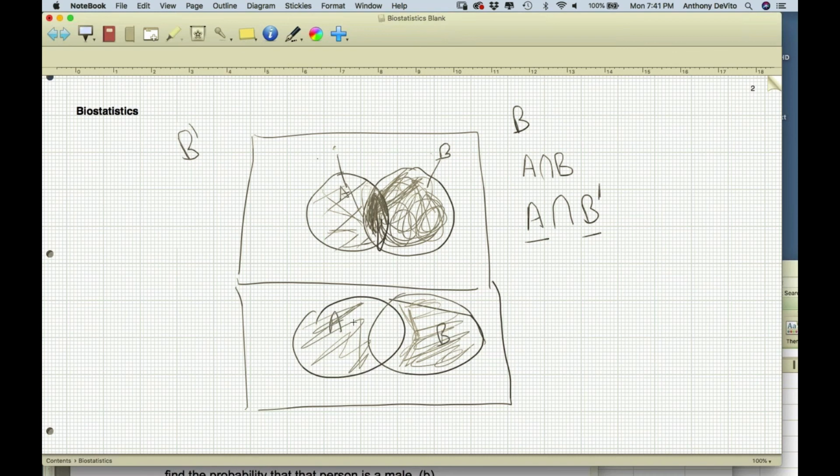If I was looking for just A and B without the intersection, well, then I would subtract, I guess. This would be A plus B minus A intersection B, right? I think, right, okay.